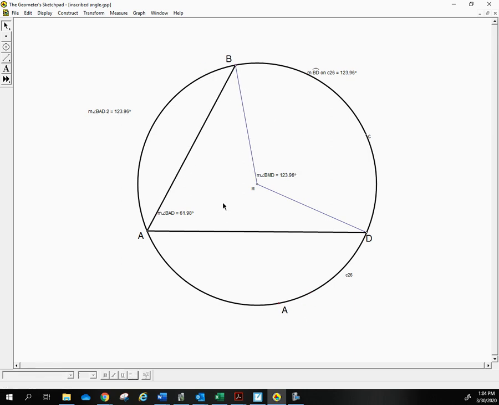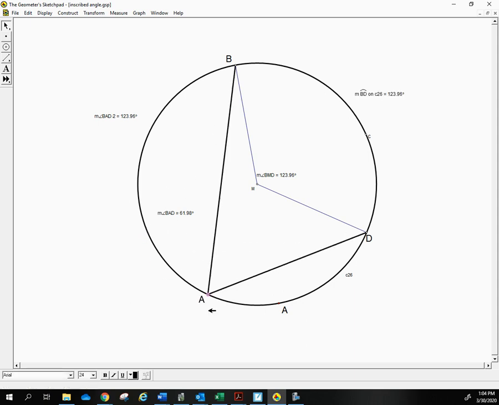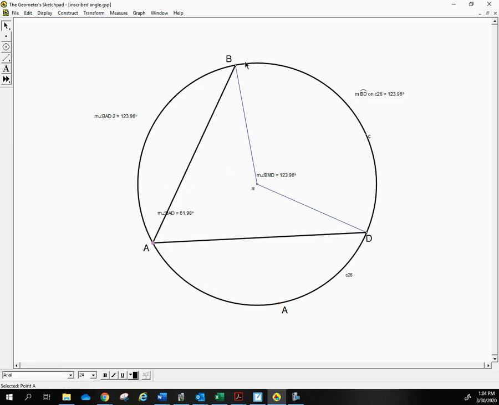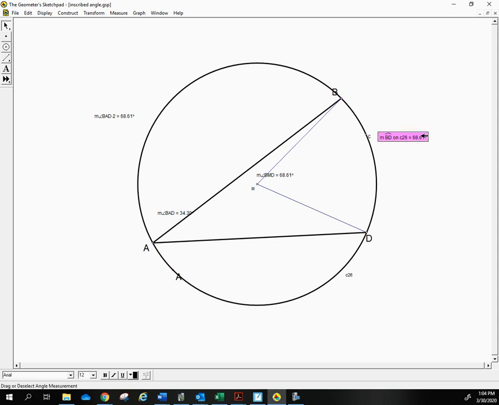Notice that no matter what I do, this angle times 2 is going to give me this arc's measurement, BD's arc. So if I double the inscribed angle, it will give me the arc's measurement. No matter where I put that angle, no matter what size I make it, the arc will always be twice as big as that angle.